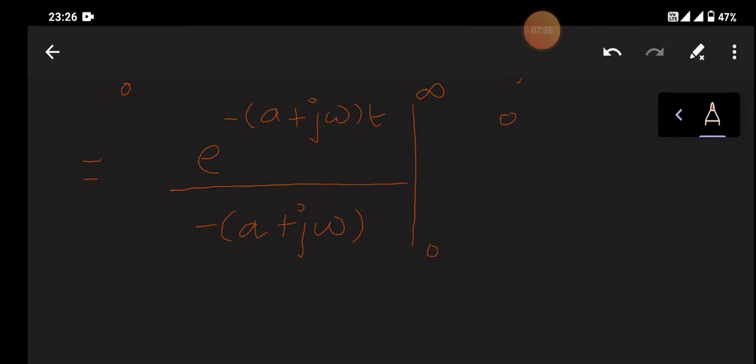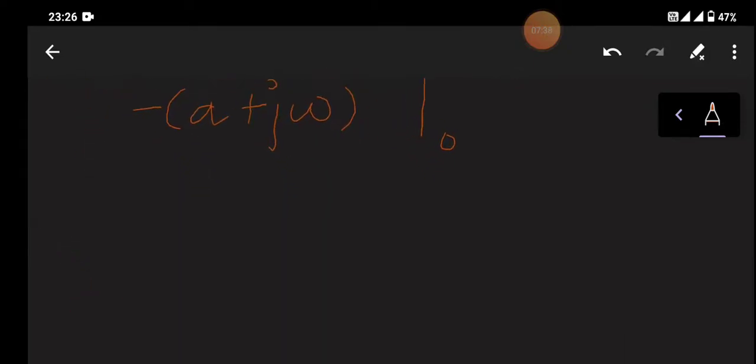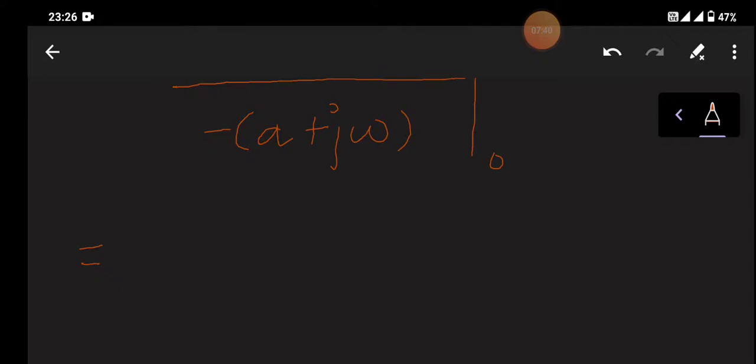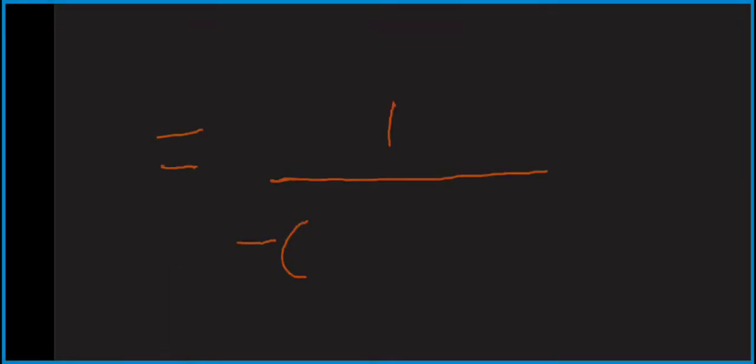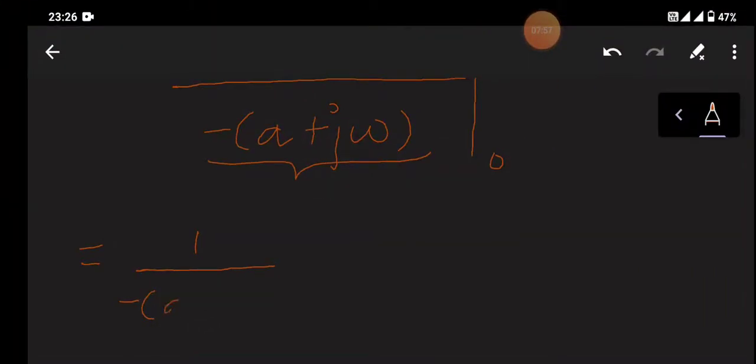Further solving, the constant term will come out, so 1 divided by minus (a plus j omega), and within brackets we will have the limits.